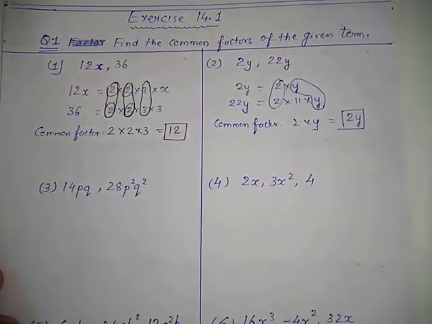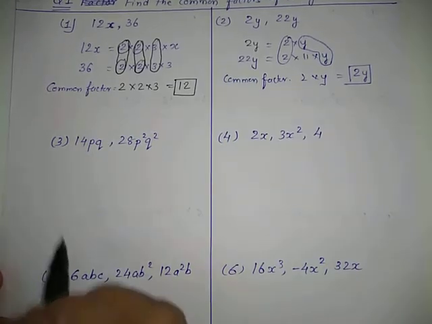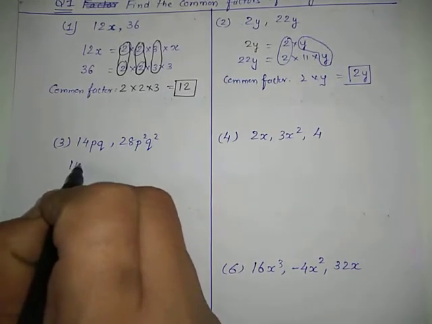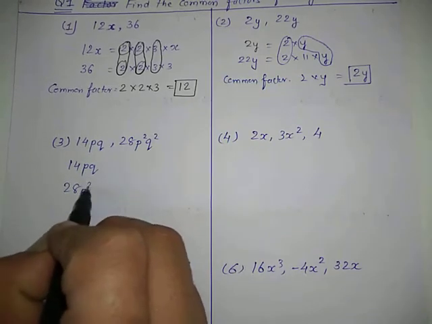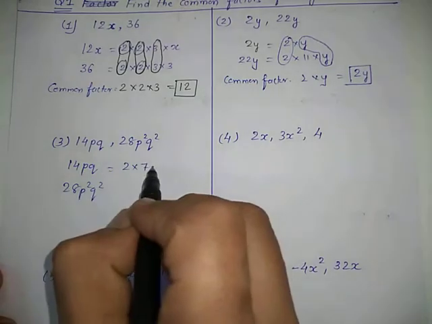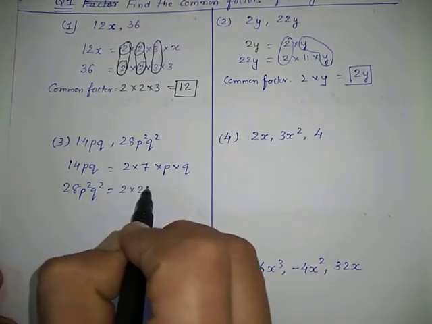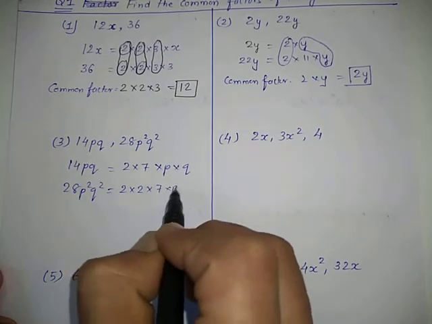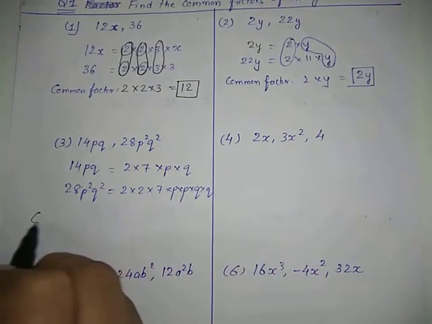Now for the third sum, we have 14pq and 28p square q square. So 2 into 7, 2 7s are 14, prime numbers, and p into q. And for 28, 2 2s are 4, 4 7s are 28, into p into q into q. So common factor.